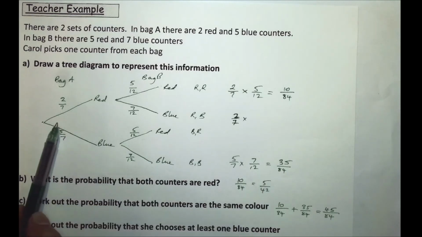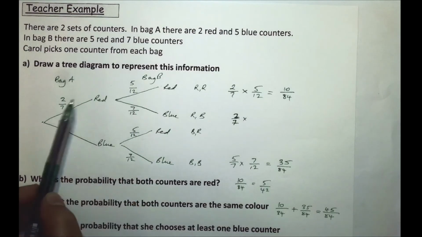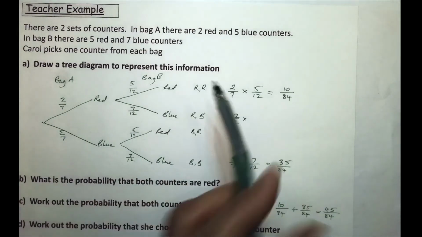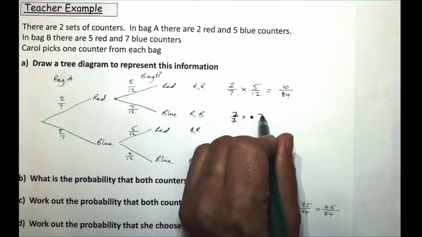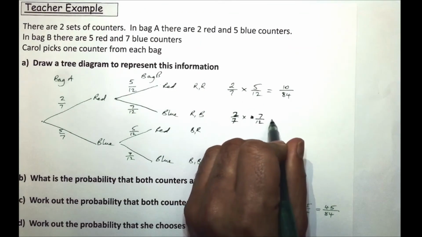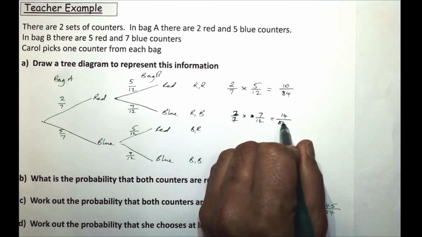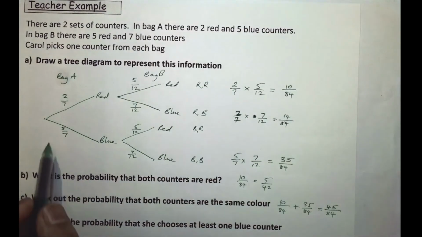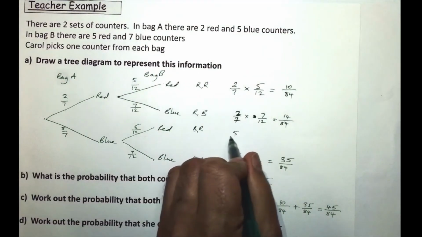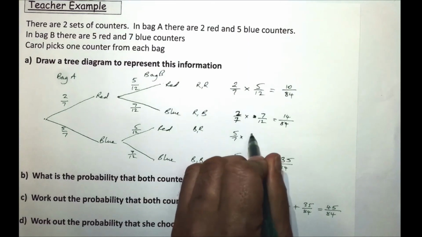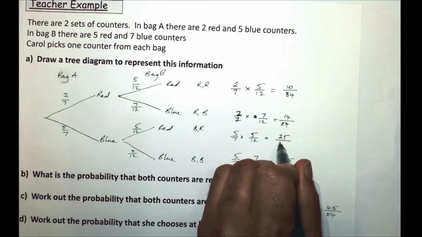So for red and blue, that's 2 over 7 times 7 over 12, and 2 times 7 is 14 over 84, and for blue red it will be 5 over 7 times 5 over 12, which is equal to 25 over 84.